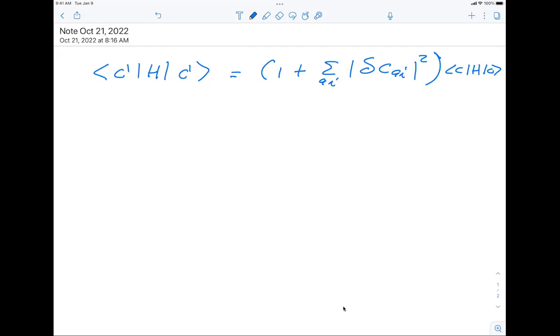And then we have these additional terms. So we have a term here, which is given by AI, and then we also have a delta C_AI squared, and this is multiplied with epsilon_A^HF minus epsilon_I^HF. So let's suppose that we just look at this term. Let's just take that one.